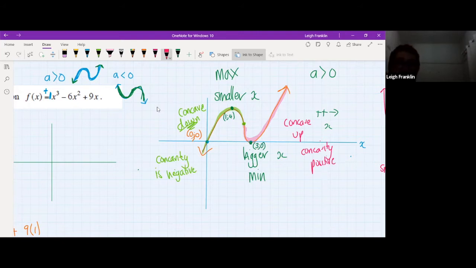And directly here in the middle, in between these two, that is where the concavity is 0. That point there is called the point of inflection. So at the point of inflection, the concavity is 0.